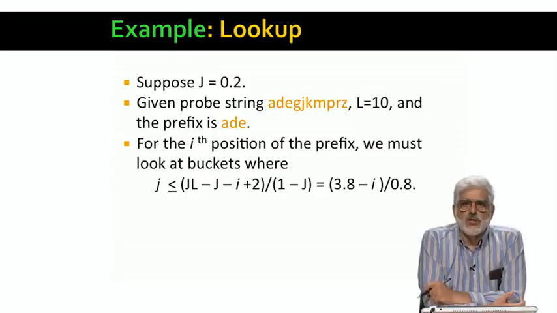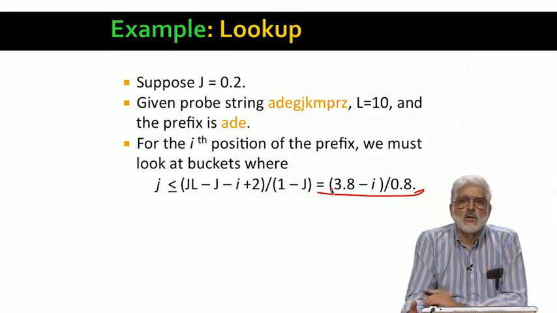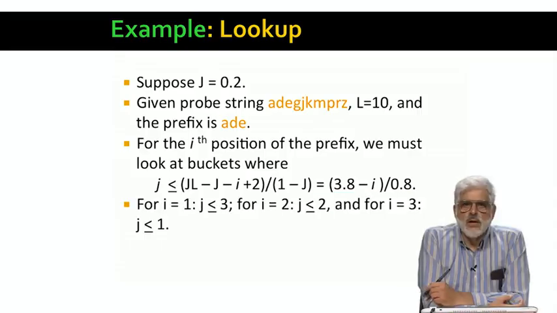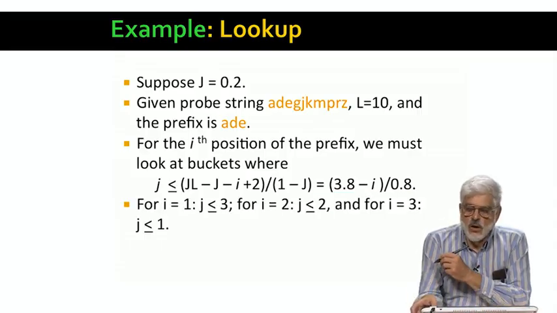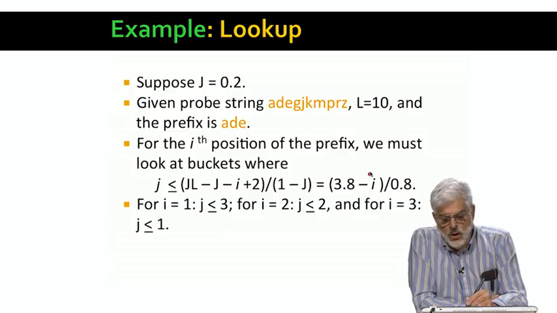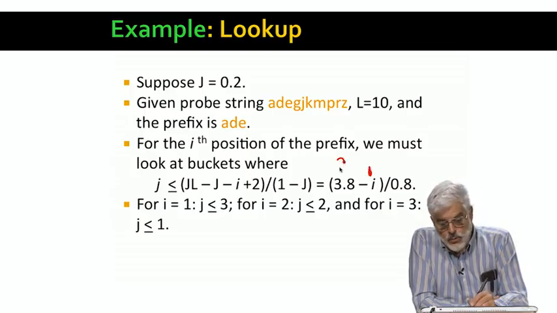Here's the upper bound on J, the positions in the buckets in which we have to look for a given I. Since we know everything but I, we simplify the expression to this. Remember, J has to be an integer, so for I equals 1, we get 3.8 minus 1, or 2.8, divided by 0.8.